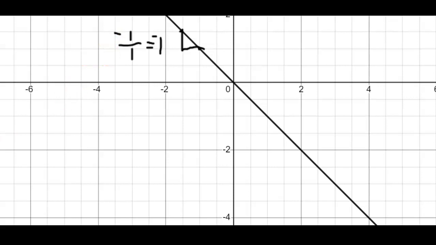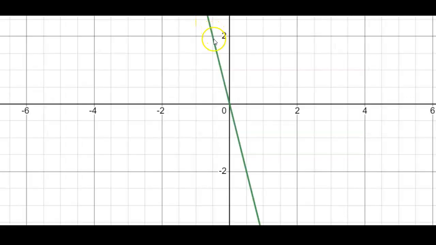Now let's follow the same process for the green line. Determine whether the slope is positive or negative, uphill or downhill. Then choose 2 points on the line.